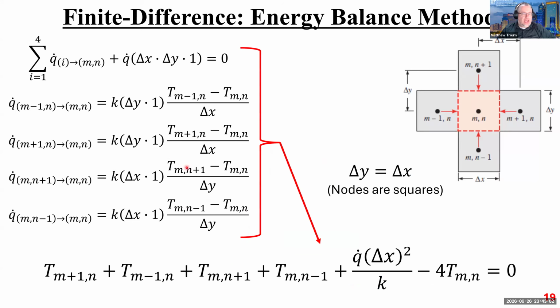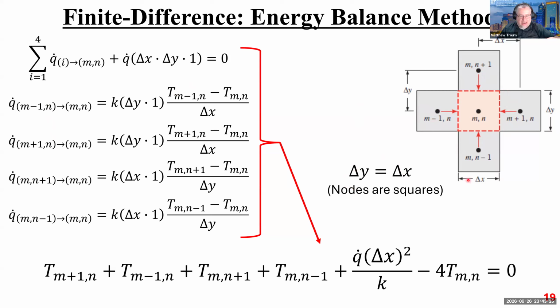I now have this expression that comes from the first law of thermodynamics for my central node. I have expressions for the conductive heat transfer from each of these adjoining satellite nodes into the central node. We know the nodes are the same size, the same delta x and delta y.